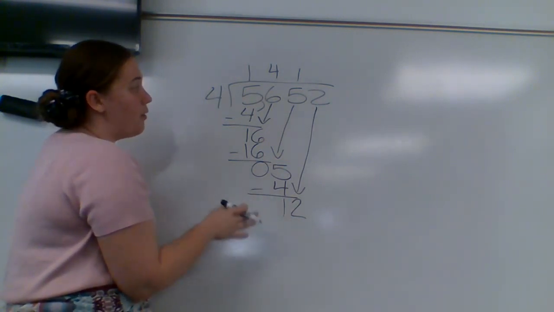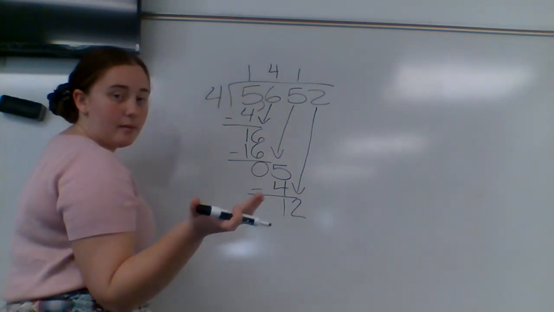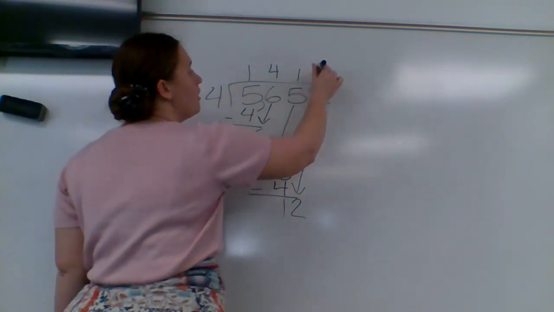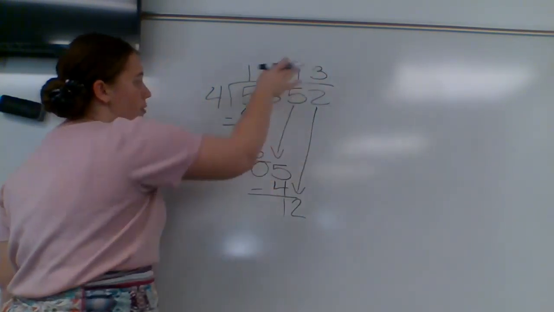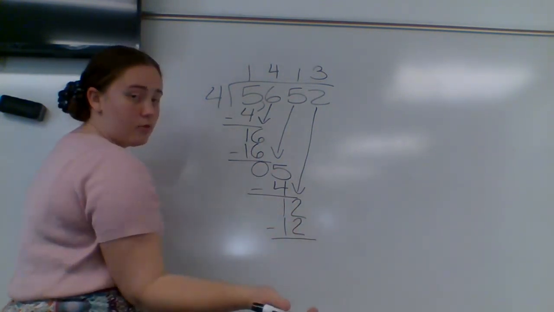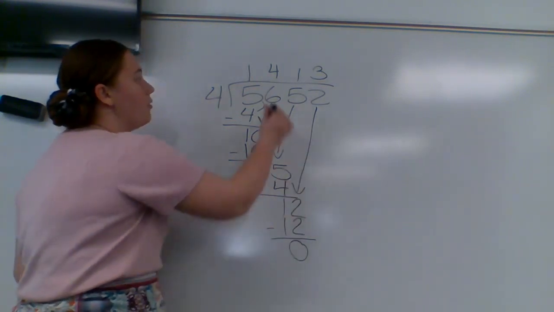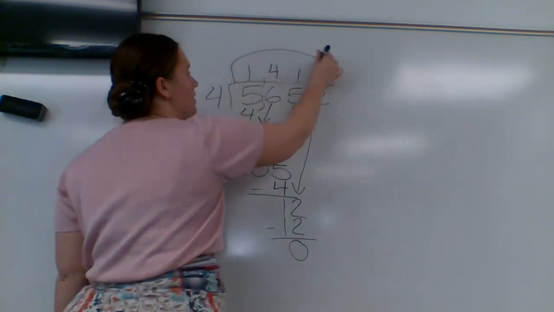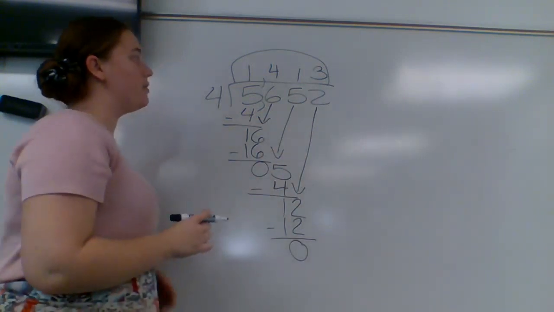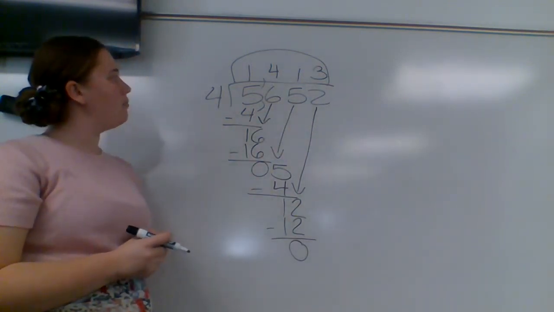So 4 will go into 12, I'd say about 3 times. 3 goes up here. 3 times 4 is 12. Gonna subtract that, and 12 minus 12, of course, is 0. So my answer is 1,413.